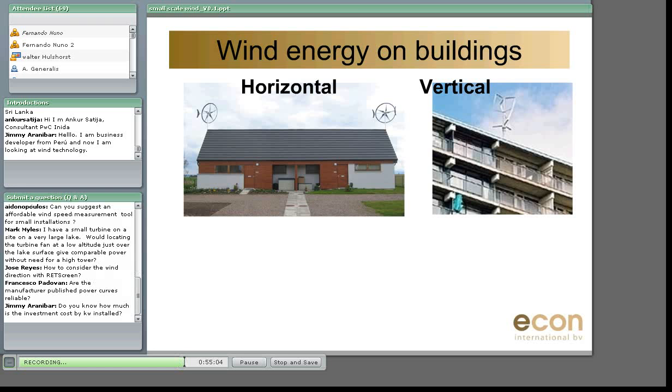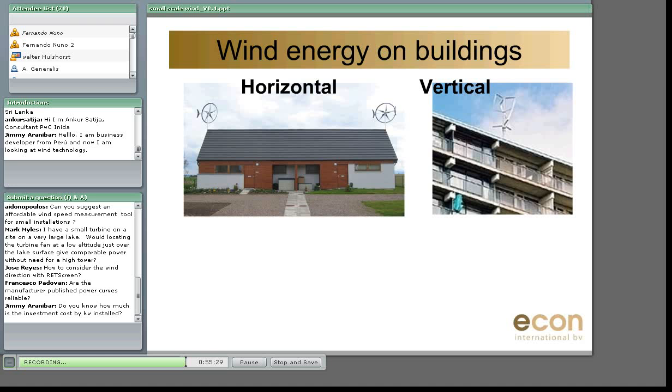So next question from Jimmy Aranibar. Do you know how much is the investment cost per kilowatt installed? Well, as a general guideline, you can expect similar costs as per installed kilowatt of photovoltaic system.